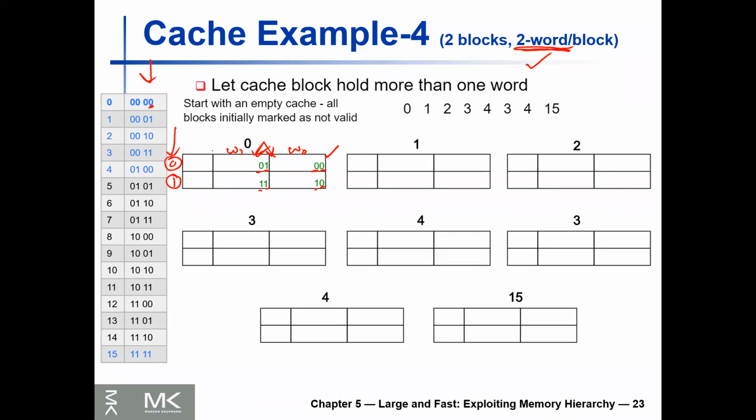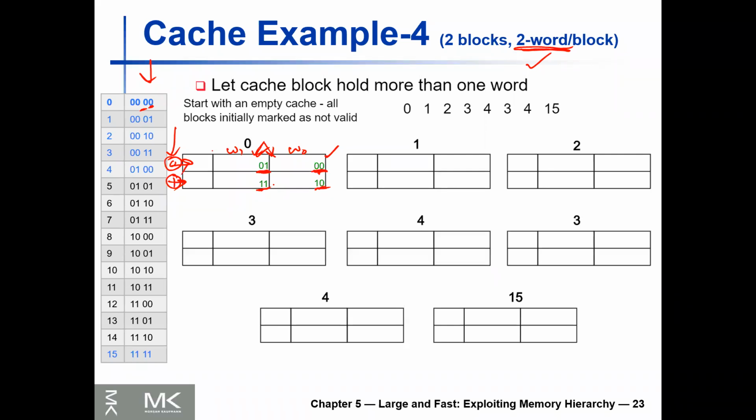The second bit will tell you this block or this block, because two blocks are there, so we need only one bit. We can mention the address using two bits: 00, 01, 10, 11. This is the way to write four words here.